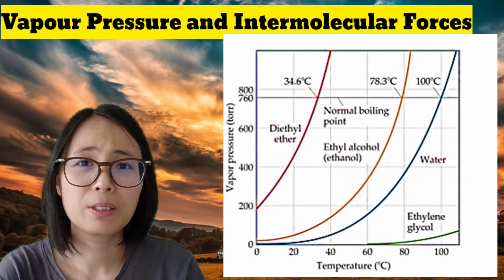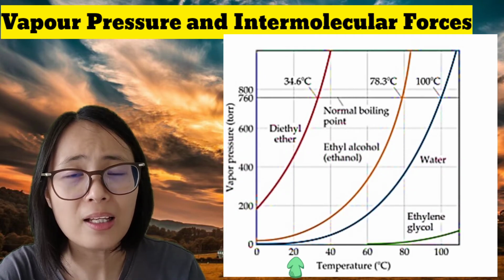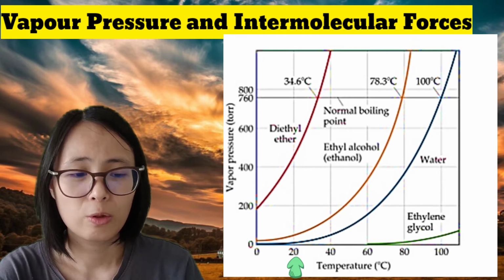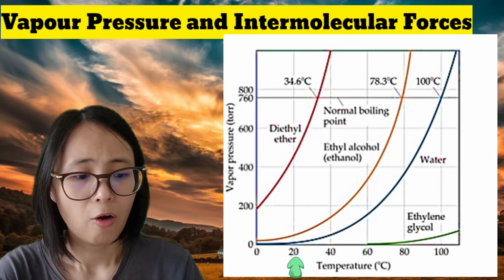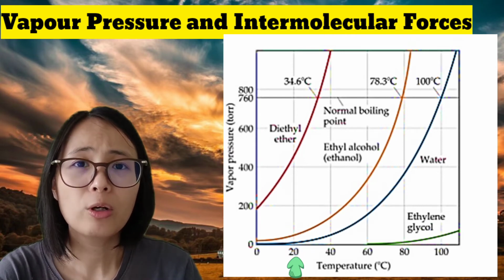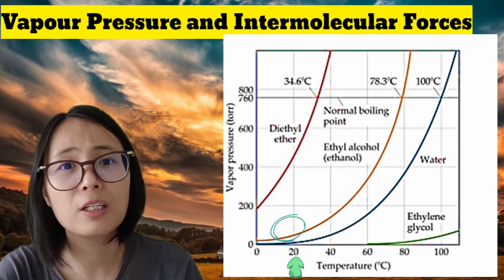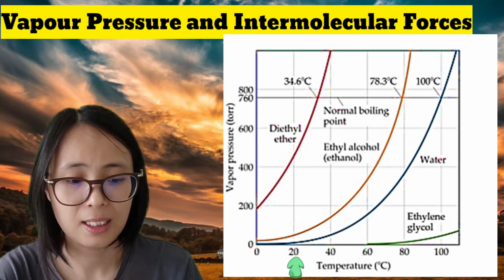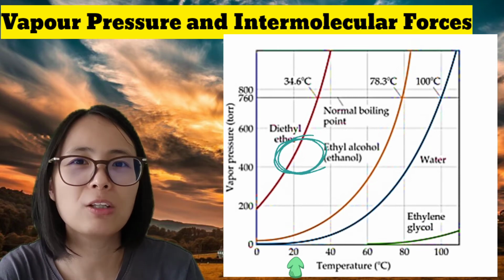Why? It is because at 20 degrees Celsius, you can see that the vapor pressure of water is the lowest, which is about 25 torr. For ethanol, at 20 degrees Celsius, the vapor pressure is about 50 torr. For diethyl ether, at 20 degrees Celsius, it has the highest vapor pressure, which is about 450 torr.